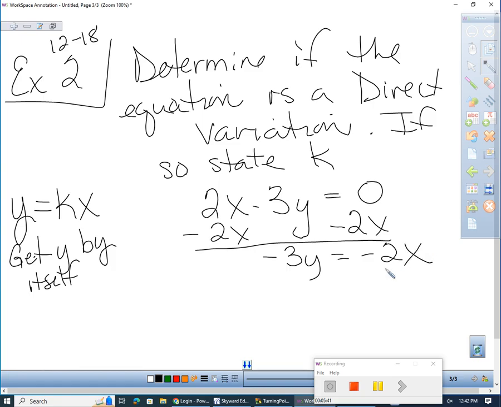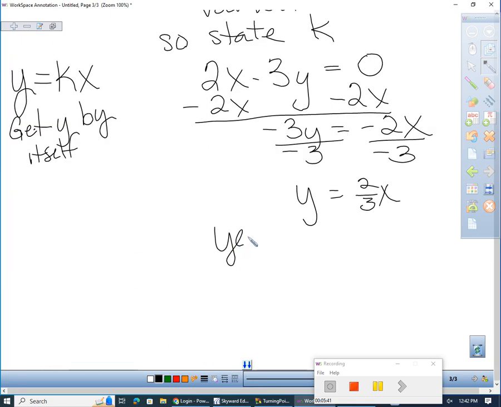Now what do I have to do to get y by itself? Good. Divide by the negative 3. So I get y equals, negative over negative is a positive, 2/3 x. Do you agree those are the same? So is this a direct variation? Is this in the form y equals kx? So this would be yes, and you would say k equals 2/3.